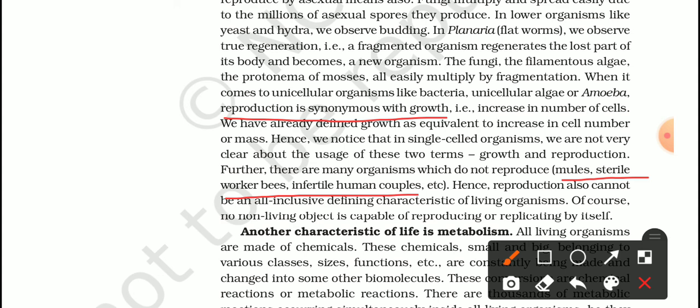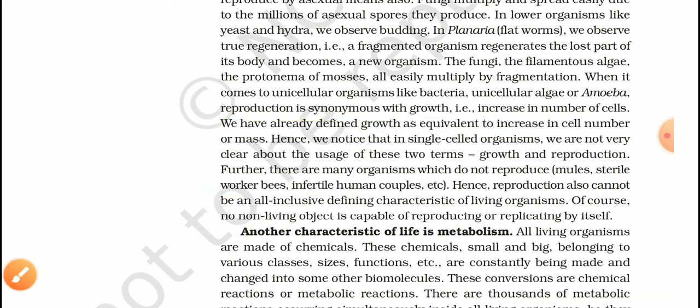Because some organisms do not reproduce at all, like mules, sterile worker bees, and infertile human couples. So that's why we cannot take reproduction as a defining characteristic of living organisms. So this is all for this lecture.